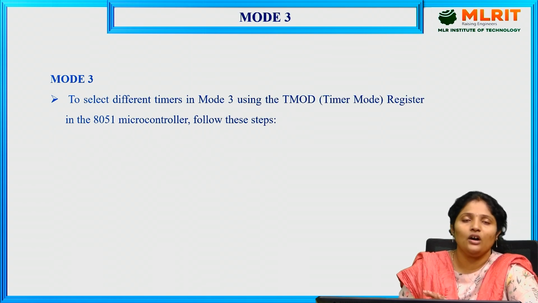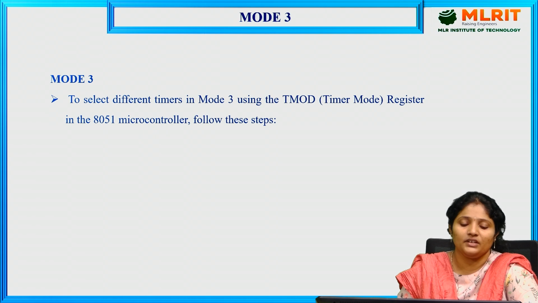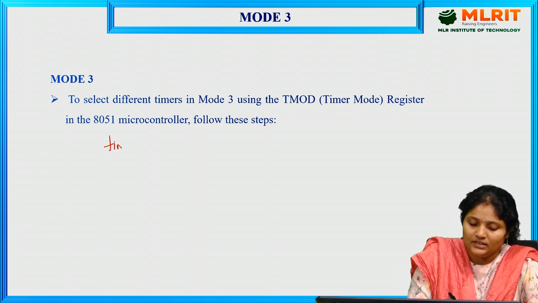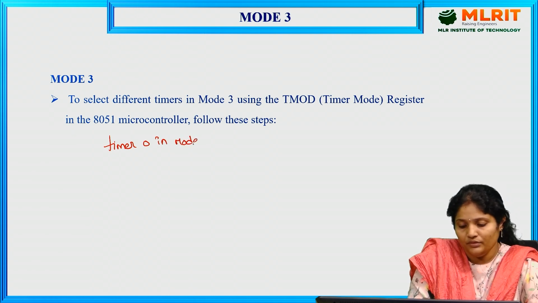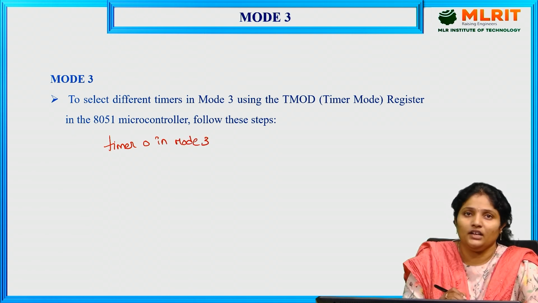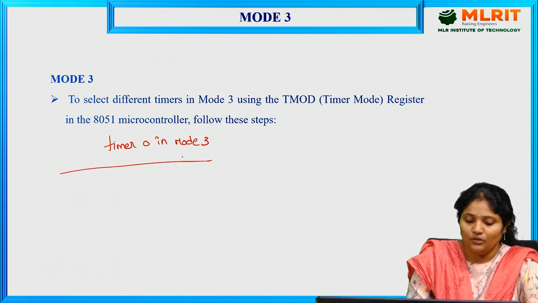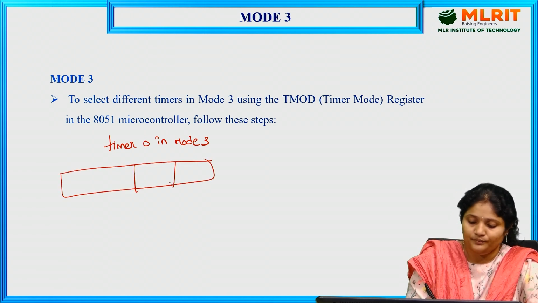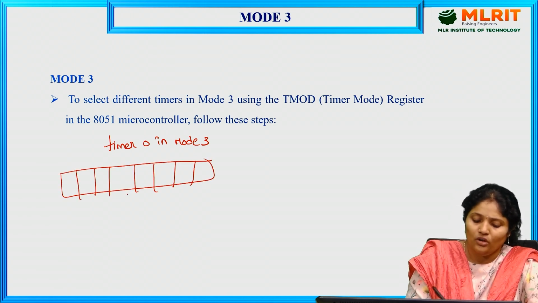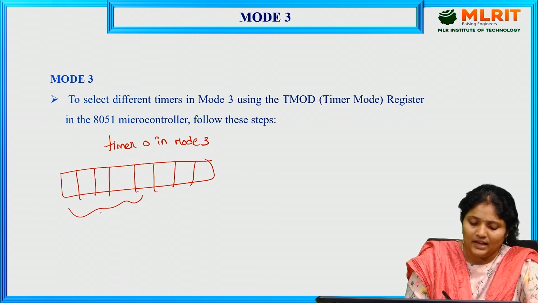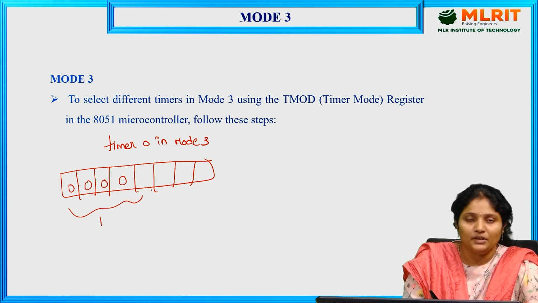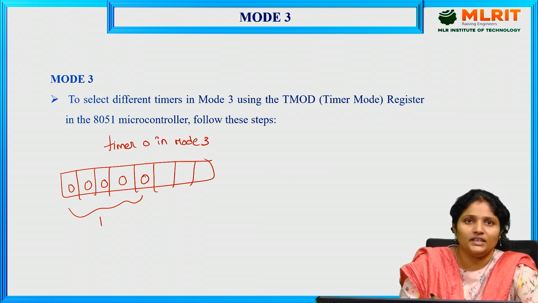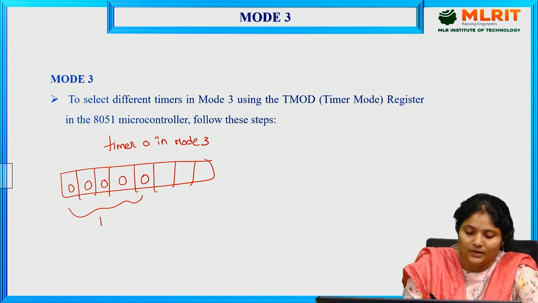How will we set mode 3 for timer 0 and timer 1? If I want to select timer 0 in mode 3, what value do I keep in the TMOD register? As you all know, if I want to use timer 0, the timer 1 values will all be zeros. In timer 0, the first one is GATE. Here we are using software, so I'm taking 0.